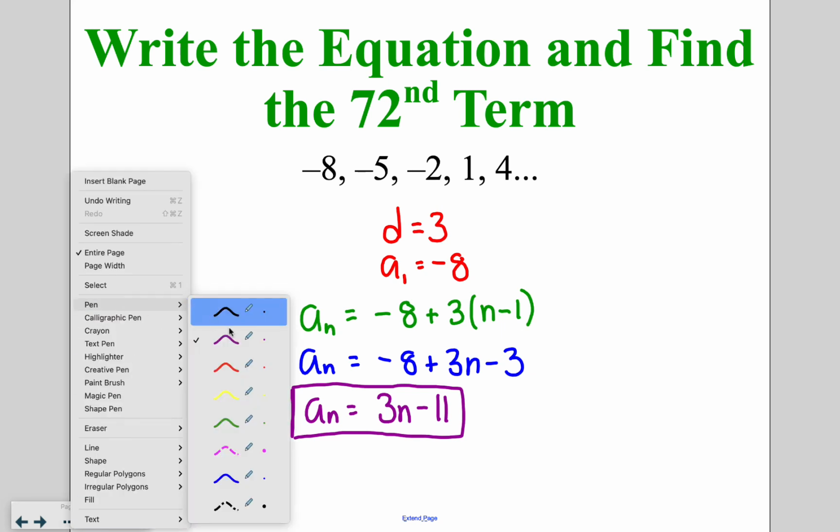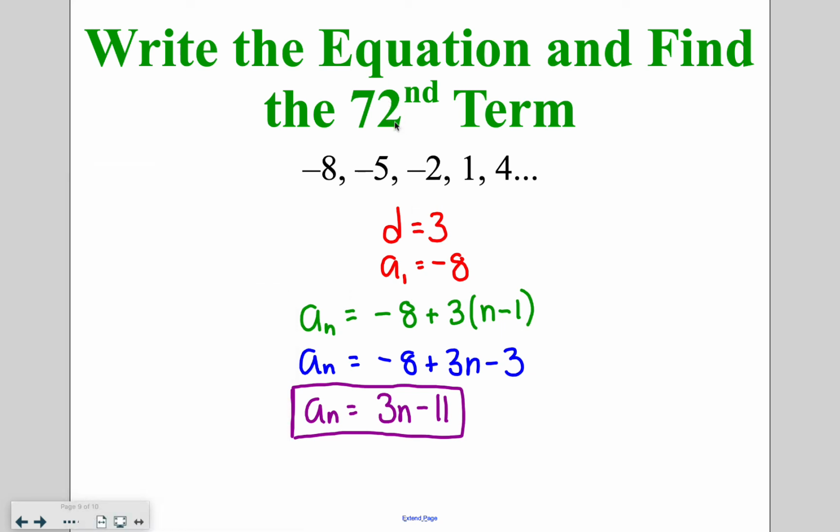The other piece that it asks us for is to find the 72nd term. So when I do that, I'm going to say A72 is equal to 3 times 72 minus 11. So what I would write as my answer then is I would say A72, so saying the 72nd number in the order, is equal to 3 times 72, which is going to give you 216, minus 11, which is 205.